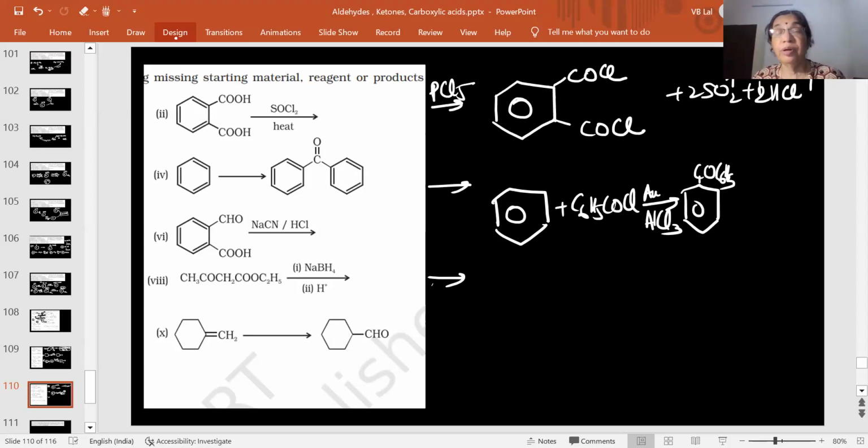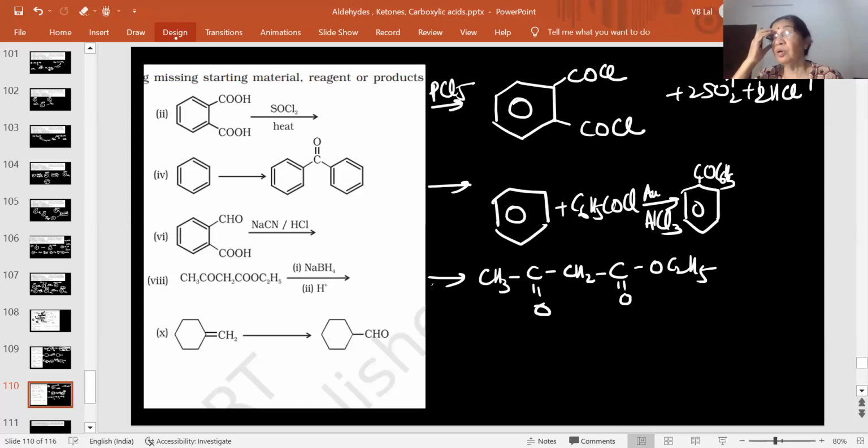This is a big compound. Let me write it in the expanded form. This is called an ester, acetoacetic ester, CH3, C double bond O, CH2, C double bond O, OC2H5. Now here what I have to do, I have to reduce the carbon-oxygen bond, which is only part of the carbonyl group.